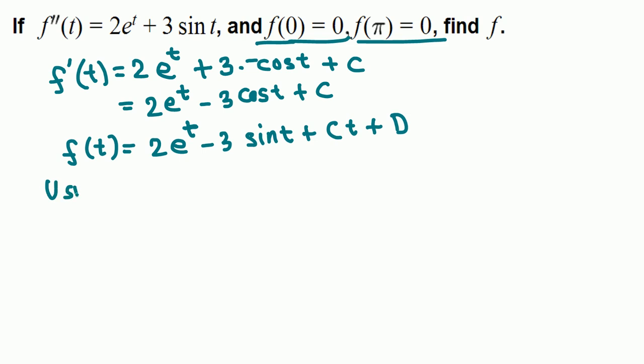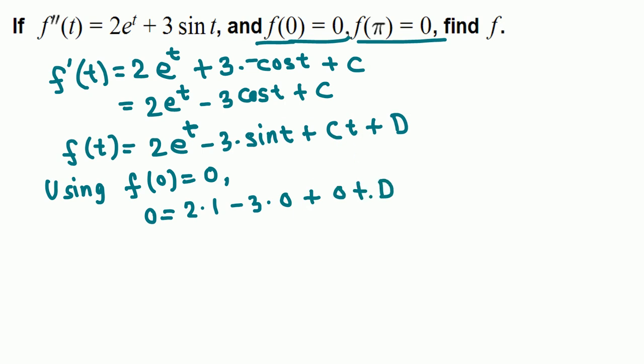So f is 0 when t equals 0: 2 times e to the 0, and e raised to 0 is 1, minus 3 times sin 0, which is 0, plus c times 0, which is 0, plus d.